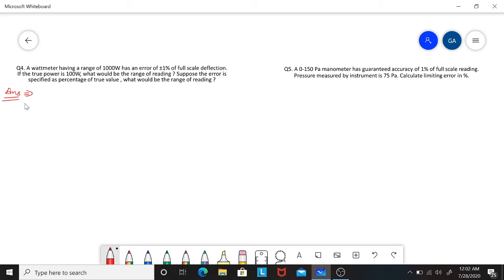Now, for the 1000 watt, the error is given as 1%. So firstly, we'll calculate the limiting error at full scale, right?